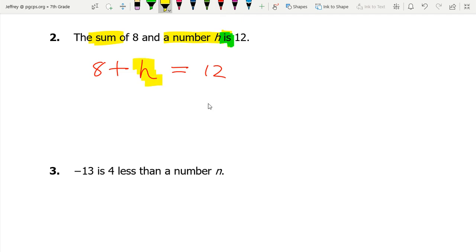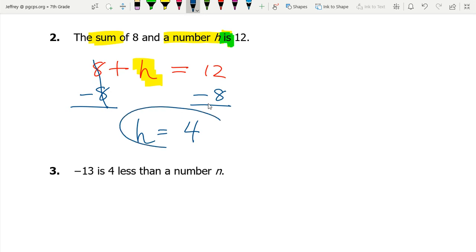So let's isolate h. 8 is positive. What's its inverse operation? It's going to be minus 8. Whatever you do on one side, you do on the other side. So that's a 0. h is equal to 12 minus 8, and that's going to be 4. So our answer is 4.